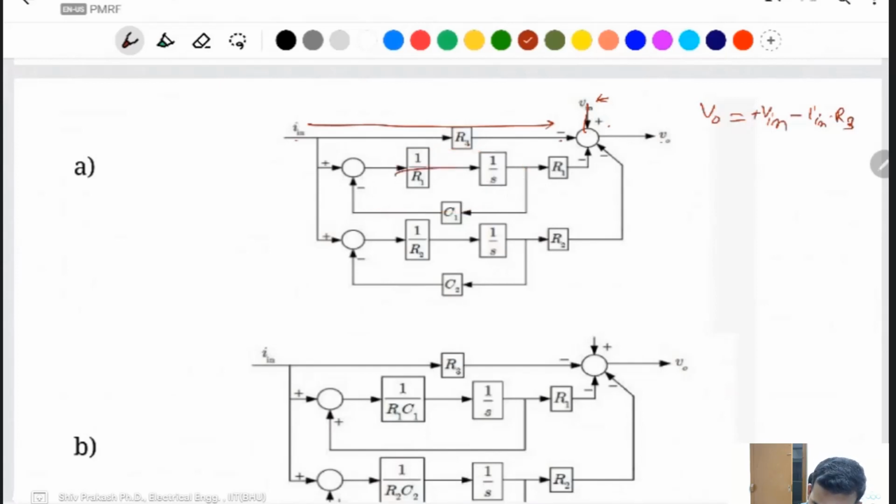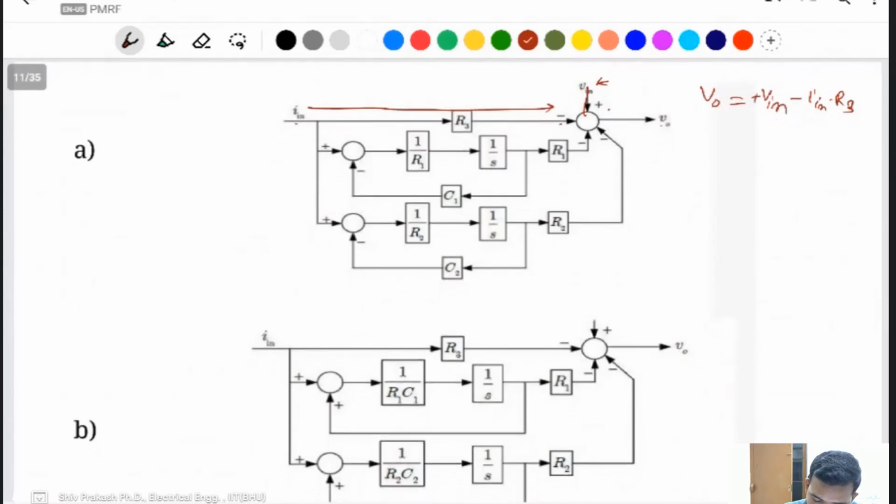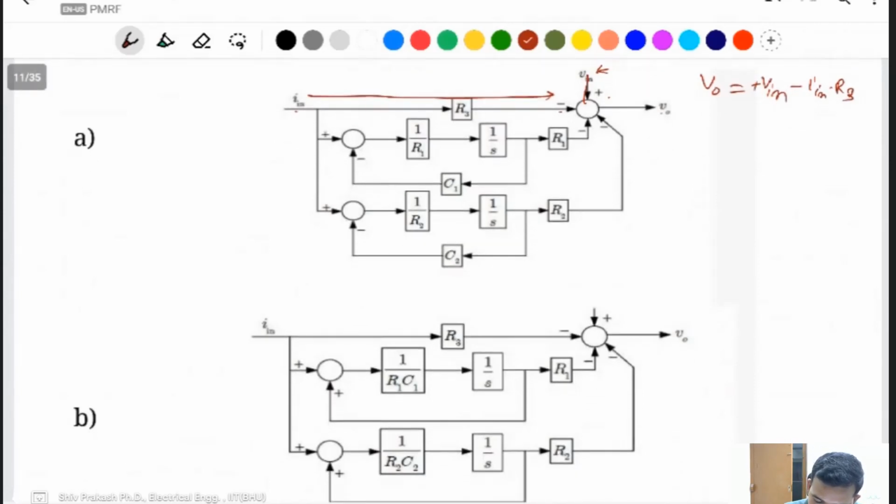You can calculate how to find it from this. From here you can do I into R3.